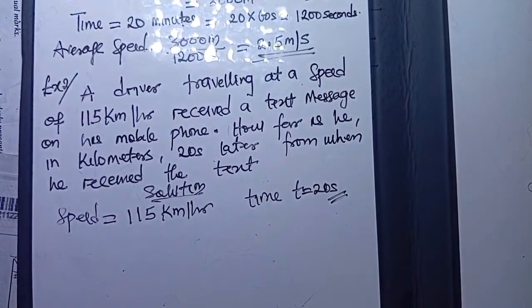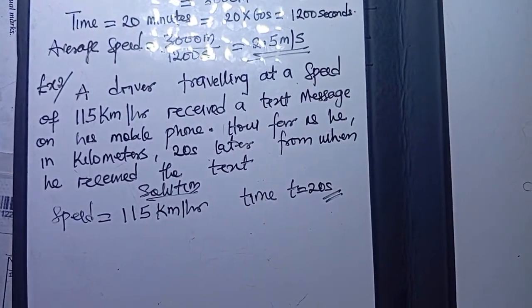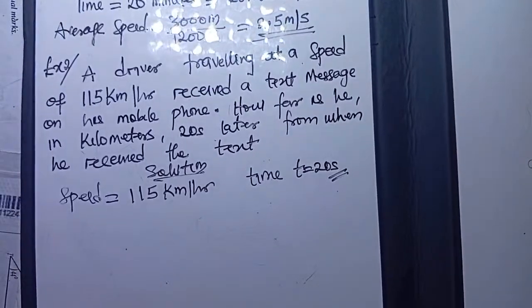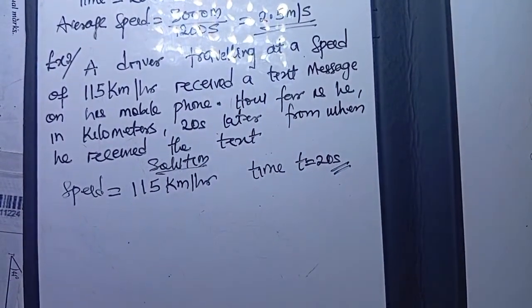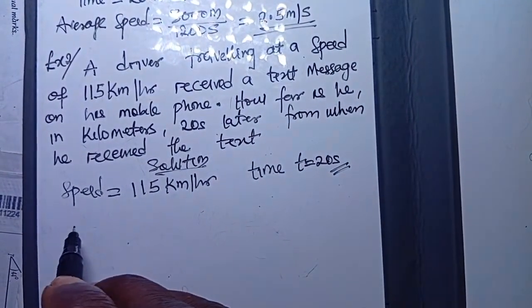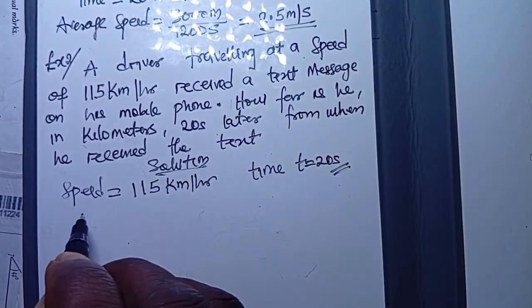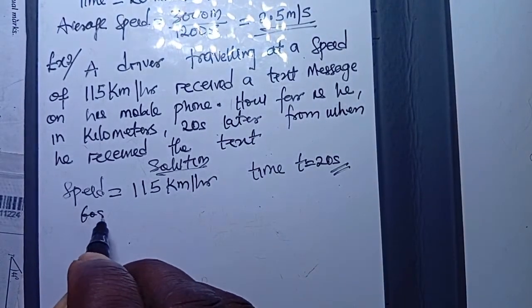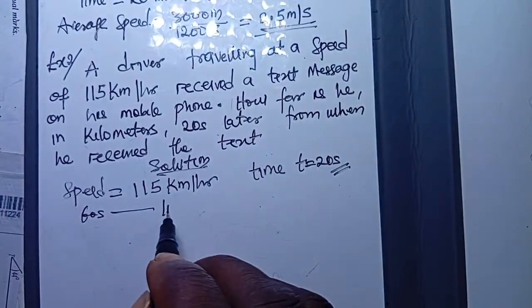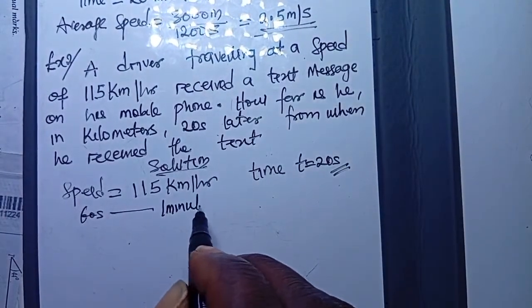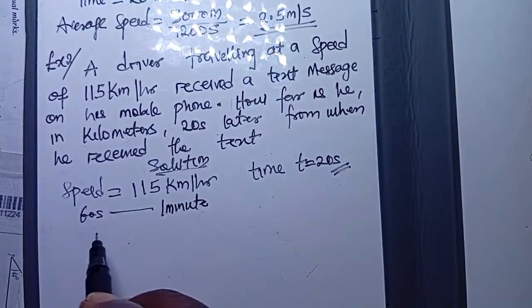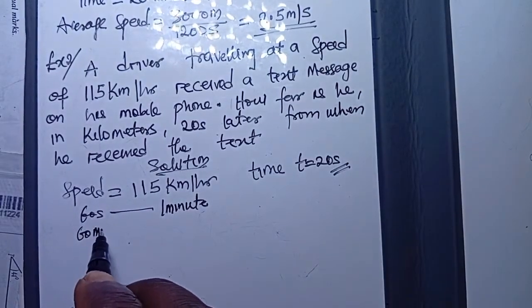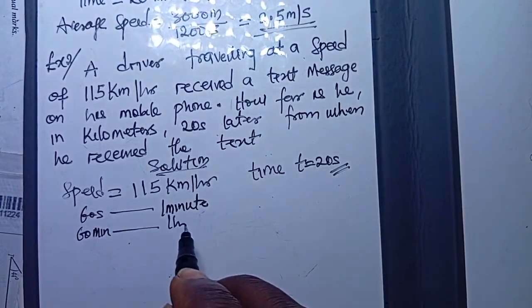The first assignment you must put in place now is dimension. There's something we call dimension, which says that 60 seconds give you 1 minute, and 60 minutes give 1 hour.